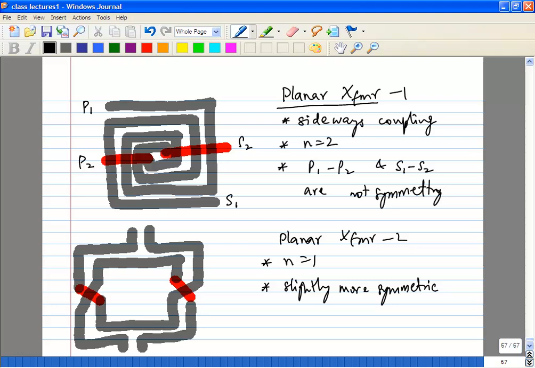Now one thing you should know, since you are relying on sideways coupling between the adjacent metal lines, the coefficient of coupling K has a certain maximum you can get, because you are relying on the thickness of the metal.